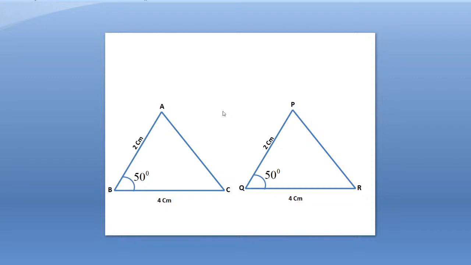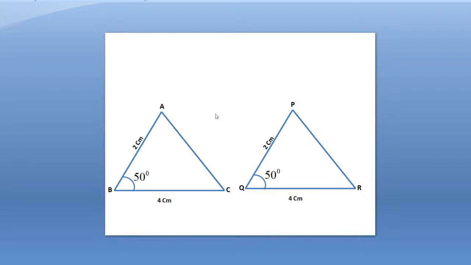Now see here, two pairs: AB and PQ, BC and QR, same side, and angle B 50 degree, angle Q 50 degree. That means two sides and interior angles are equal.